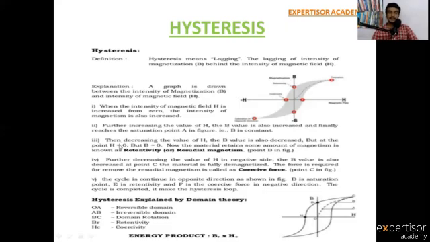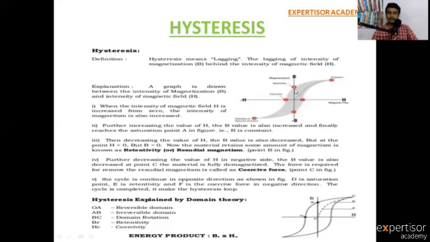Next, decreasing the value of H, the B value is also decreased. But at H equal to 0, B is not equal to 0. Now the material retains some amount of magnetism, known as retentivity or residual magnetism, point B in the figure.